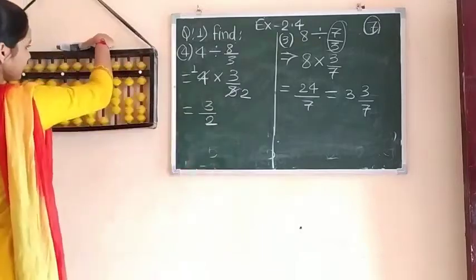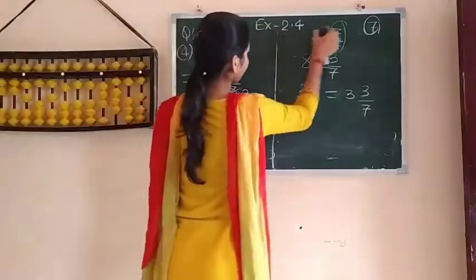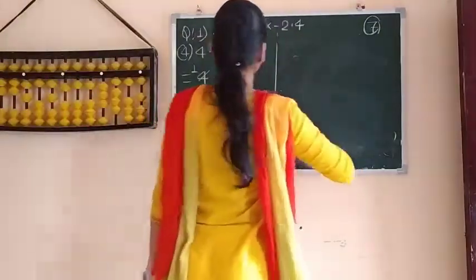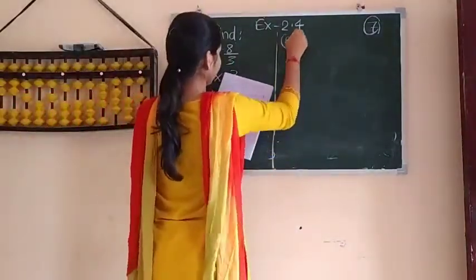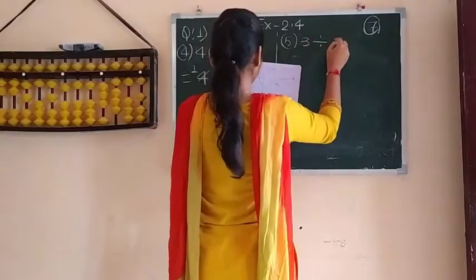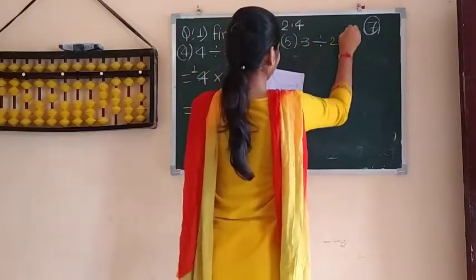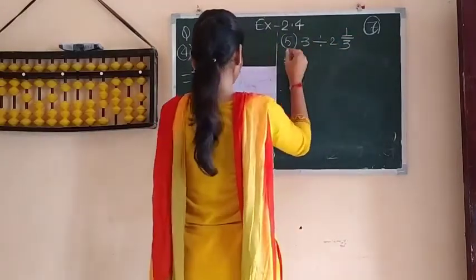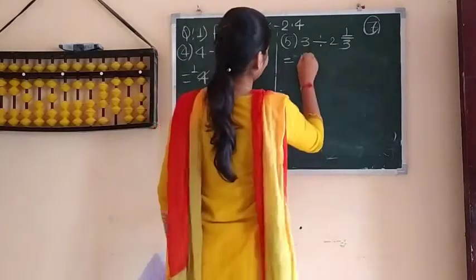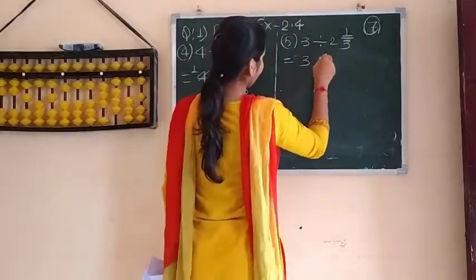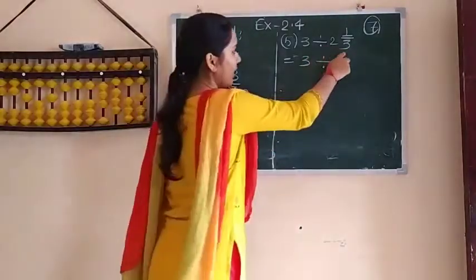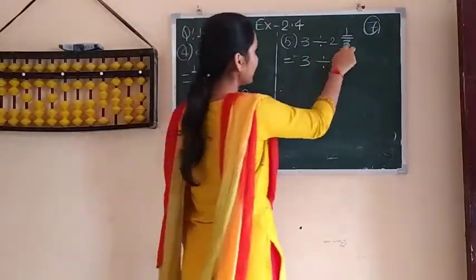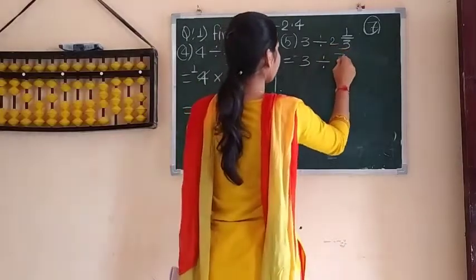Next, fifth one. What is fifth? 3 divided by 2 1 by 3. Okay, this is the question. Now 3 as it is. First write division sign because we have to make this into an improper fraction. 3 2s are 6, 6 plus 1 is 7 by 3.